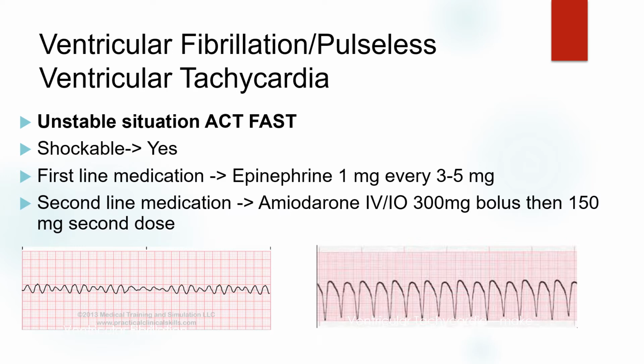You might get a rate, but it's actually just counting waveforms of the heart. That doesn't mean the patient has a pulse. So for these two, we're going to do CPR, which is compressions, breaths. We're also going to do epinephrine, and we're going to shock.